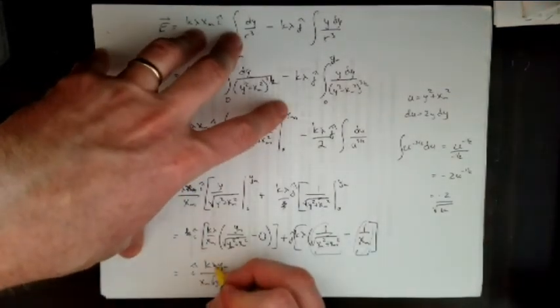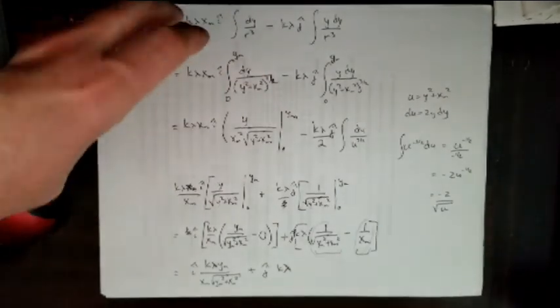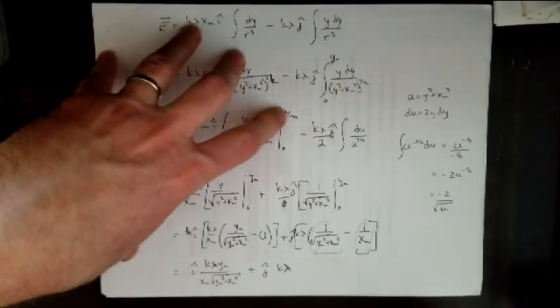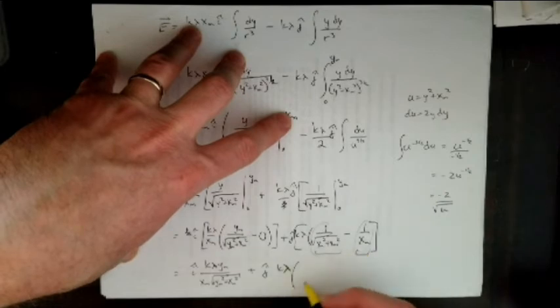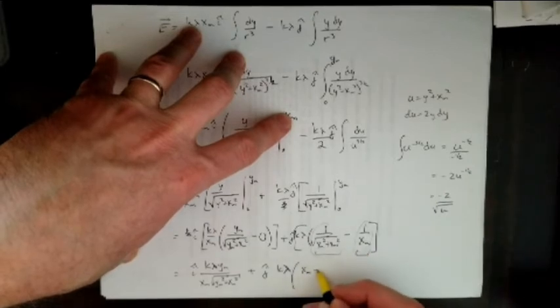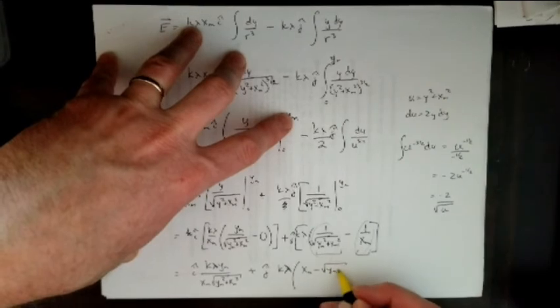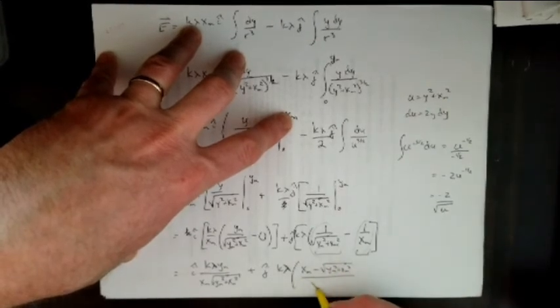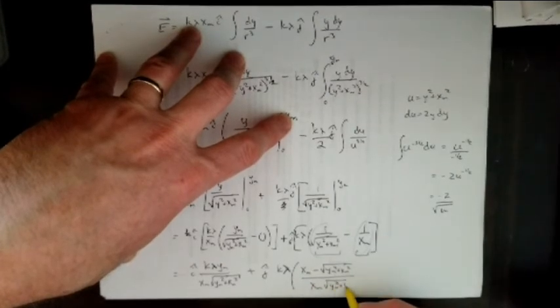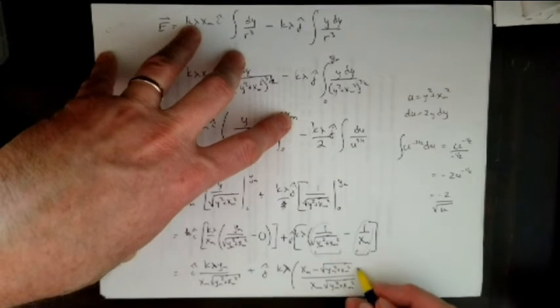I've come close to making that mistake several times. I think I had to correct myself at least once, but it could have been in a different video. And so x sub m minus the square root of y sub m squared plus x sub m squared over x sub m square root of y sub m squared plus x sub m squared, getting the common denominator.